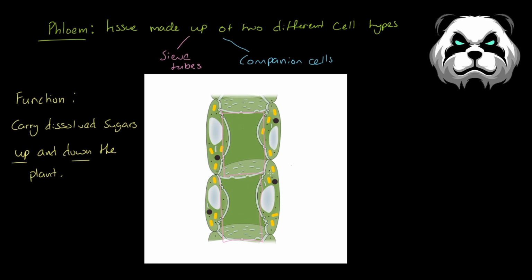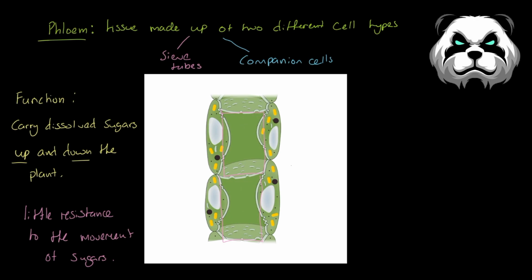They have little cytoplasm, and because of all that, one positive thing is they have little resistance to the movement of sugars. So that makes sense, bearing in mind our function. But a little like our xylem, because of the absence of these typical cell structures, such as a nucleus, alone this cell would not be able to live.